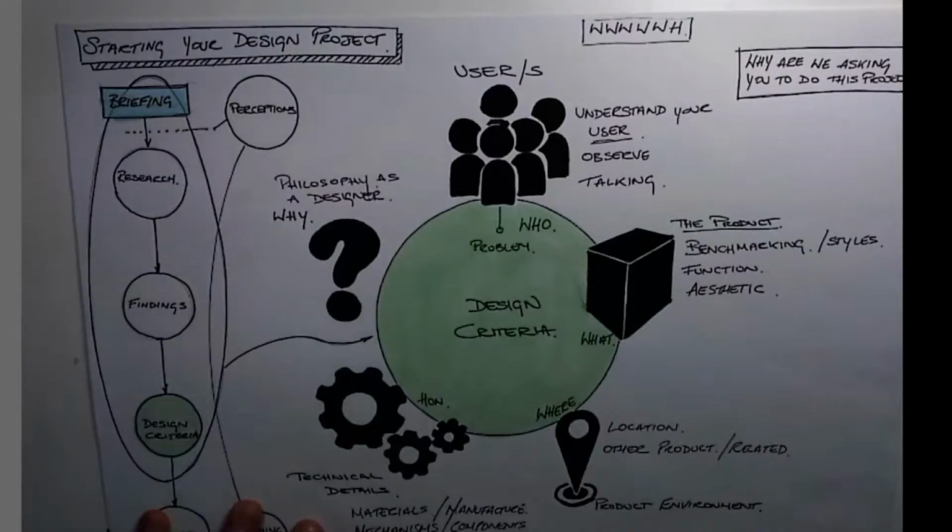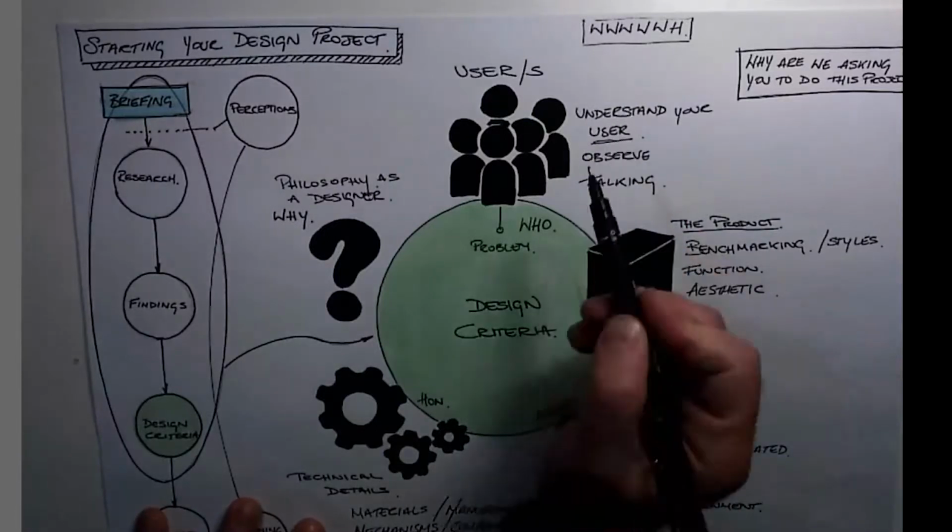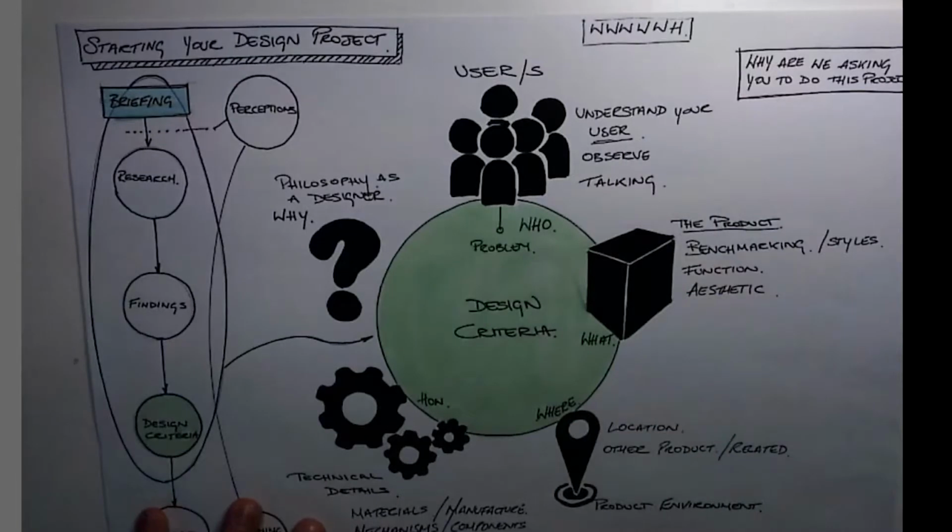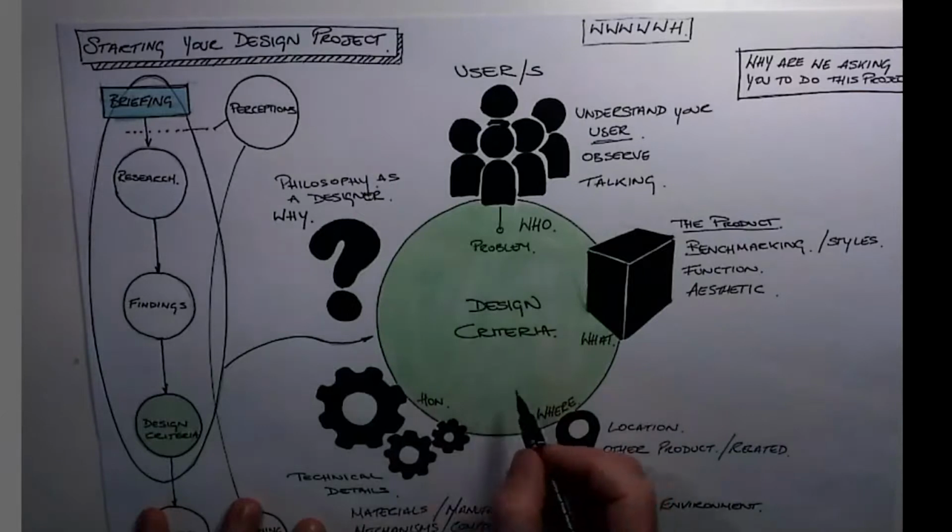Or are you going to design this salt and pepper shaker for younger adults? Are you going to design it for older adults? Who is it for? Are you going to design it for chefs, amateur cooks? You need to make a decision, because in truth, once you have made that decision, then it becomes very easy to make decisions, and that's what this is all about, is the ability to make a decision.